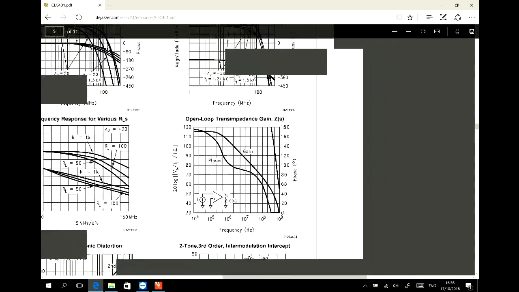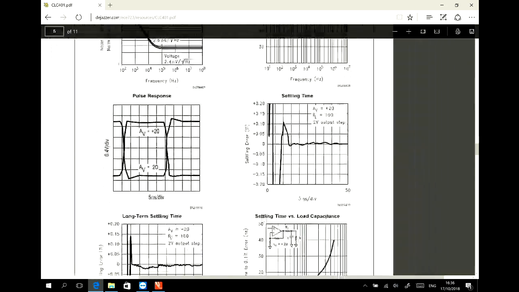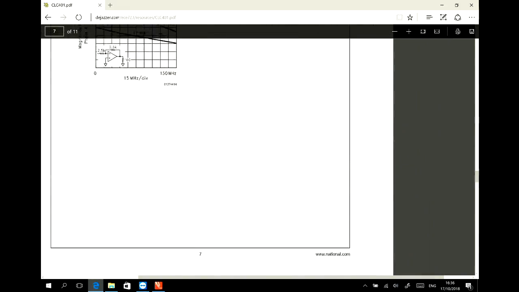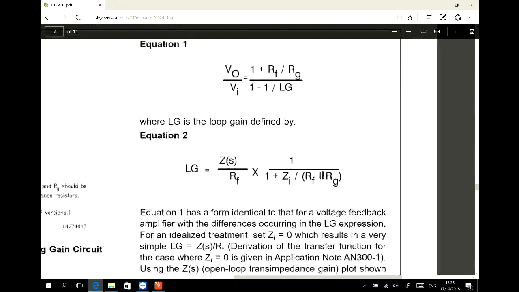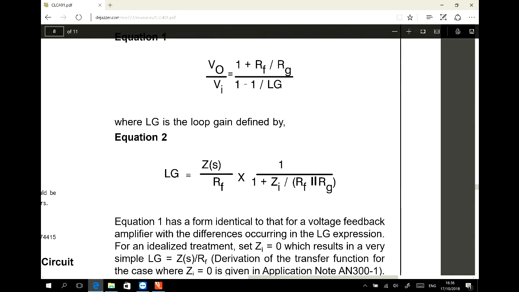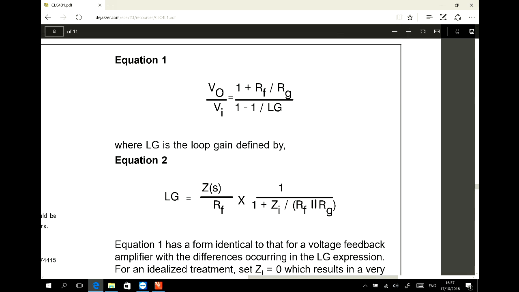And then the exact formula for this one is like this. It does not simplify this R in, so this is what we had before. So this is the exact formula for the open loop gain. I mean, VO over VI is this one, and then the LG is coming from here.